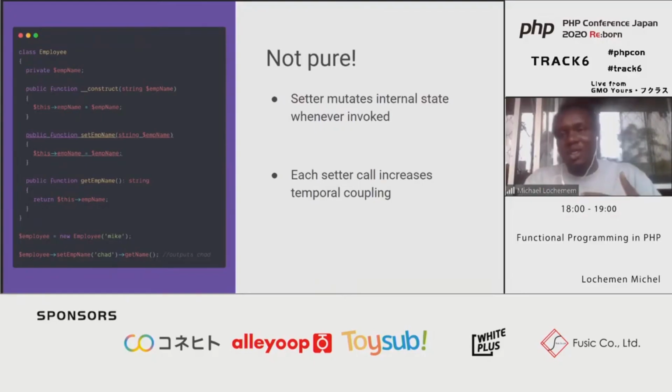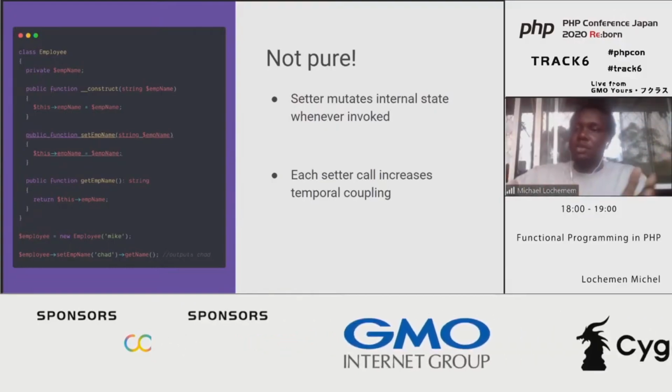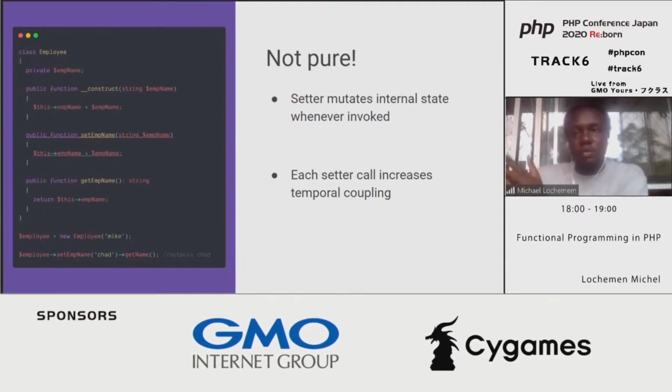Each setter call effectively increases temporal coupling. What temporal coupling is, effectively, is a situation where you have multiple ancestor calls in an attempt to create new states that you can then proceed to modify.